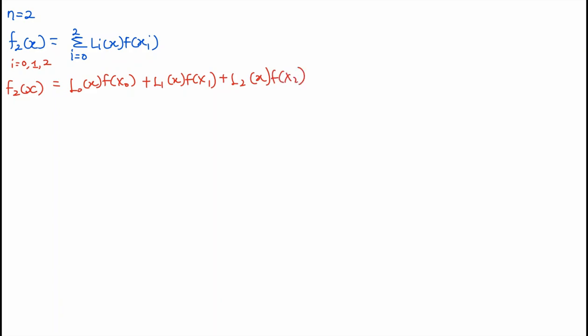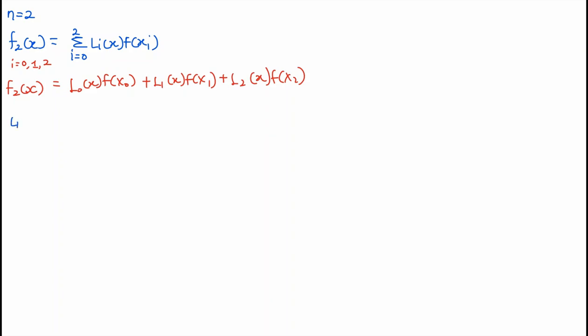So this will be the general Lagrange polynomial function when n is equal to 2. Our main goal now is to find L0 of x, L1 of x, and L2 of x.